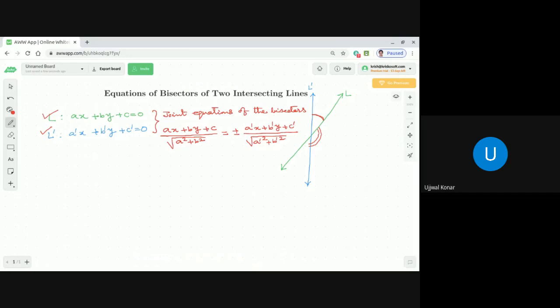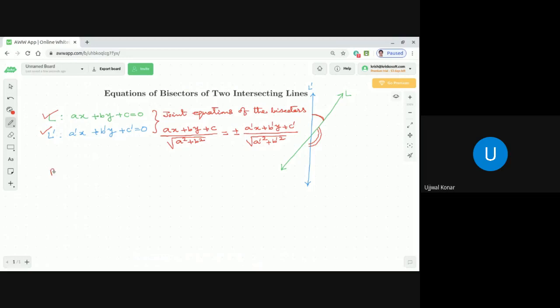Now our point of discussion is how to identify which one among these two is the acute angle bisector and which one is the obtuse angle bisector. To do that, let us give names to the equations of these bisectors.